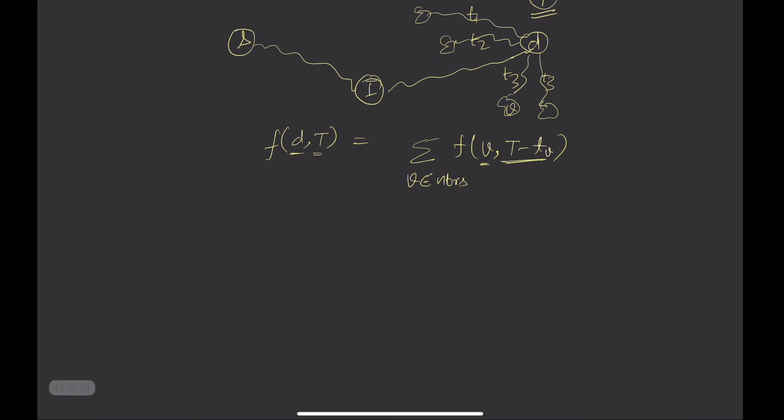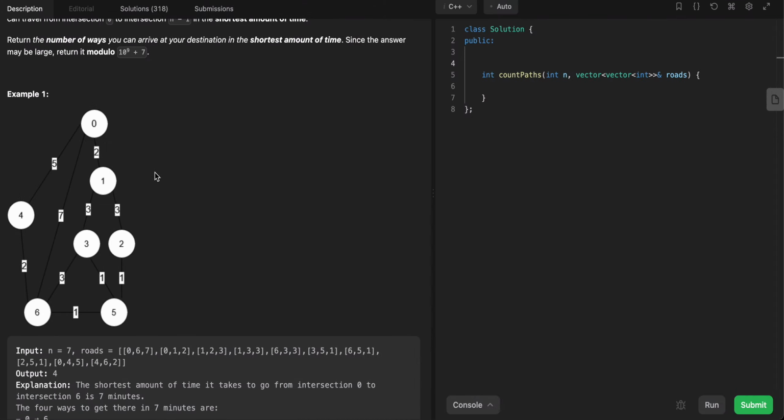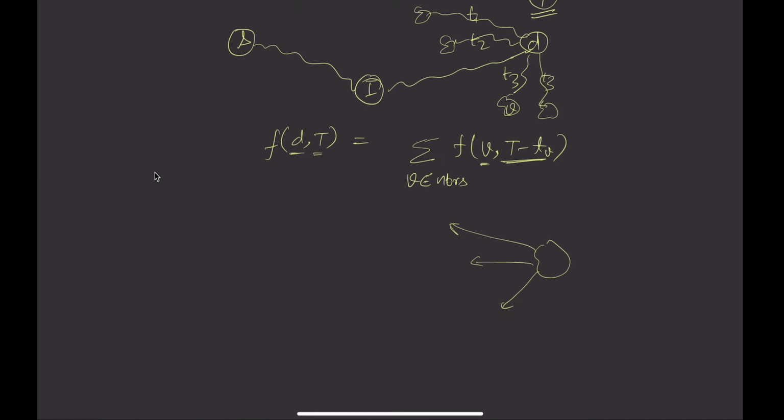If for every node I maintain the time to reach that node from the destination node only. So from the destination, if I reverse this, is it a directed or undirected graph? Okay, undirected, so no.